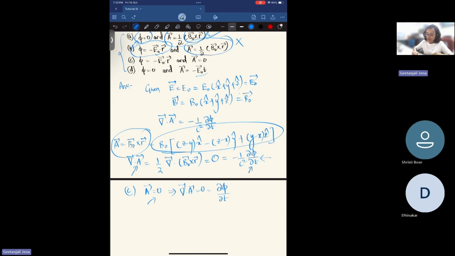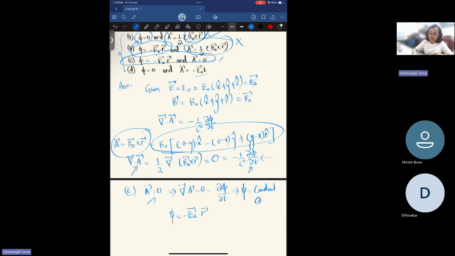That means phi should be a constant or 0, which is not true. For option C, phi is E0 dot R, which is not a constant; it's a function of x, y, and z.